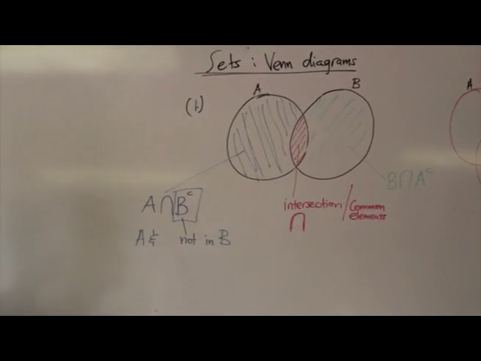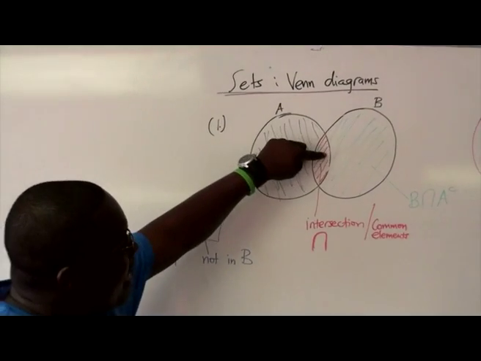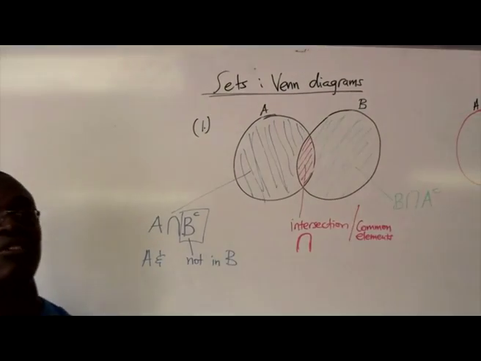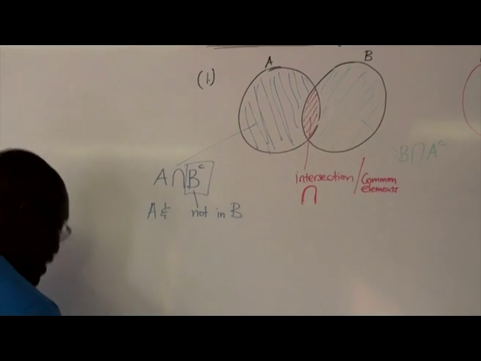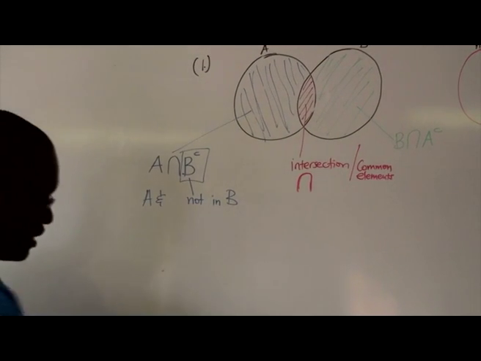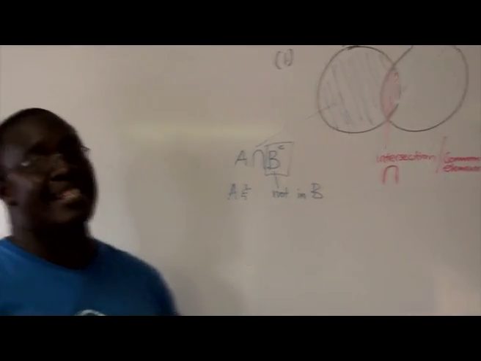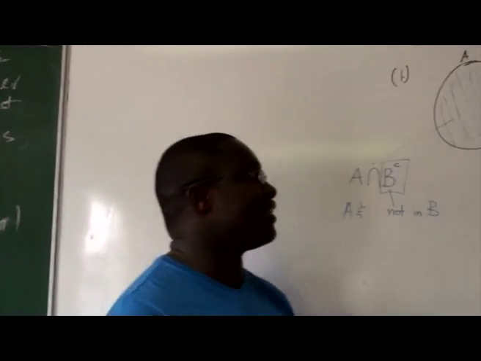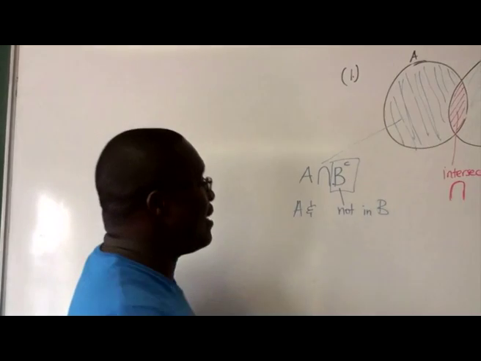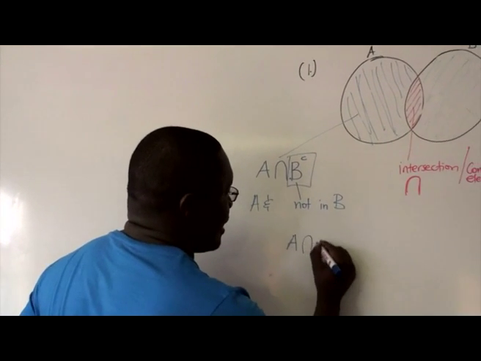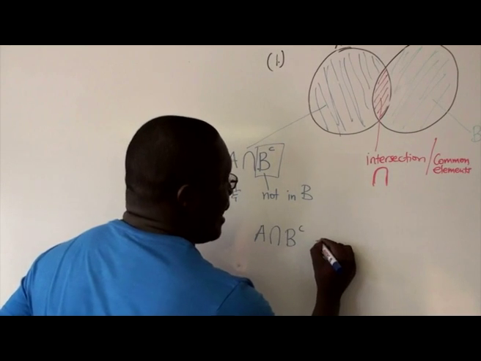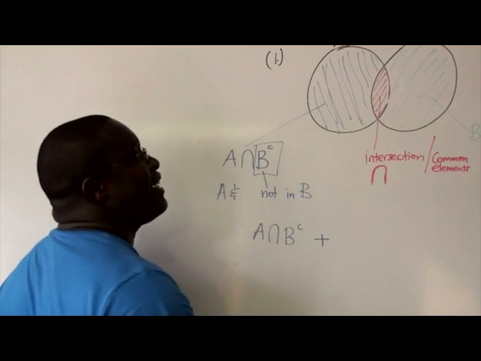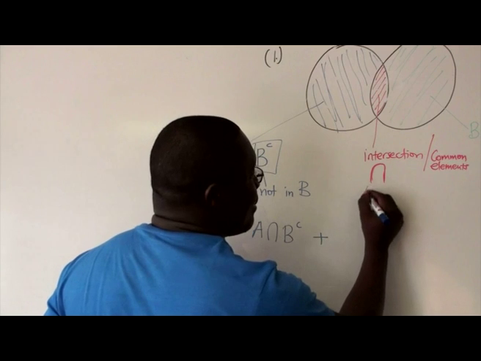Now, when you combine this area plus this area plus that area, what do we get? Remember, we spoke about union, and we said if sets are united, you're bringing in everything together. So if we take this area, A intersection B complement, right? And then we add that to A intersection B, right?